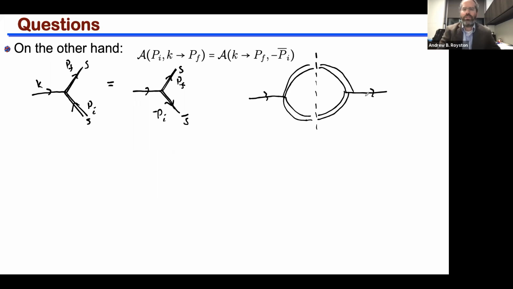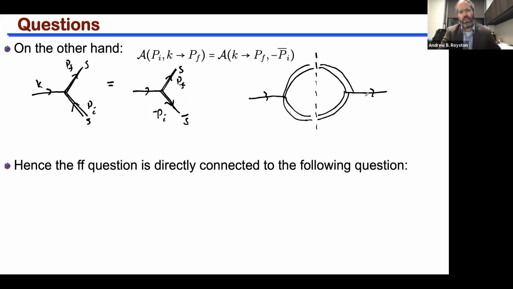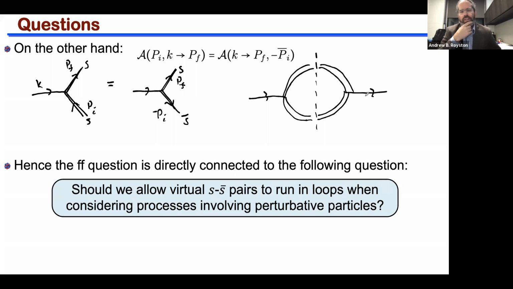So what this shows is that the form factor question that we started with is directly related to this question: should we allow virtual soliton-anti-soliton pairs to run in loops when considering processes involving perturbative particles?